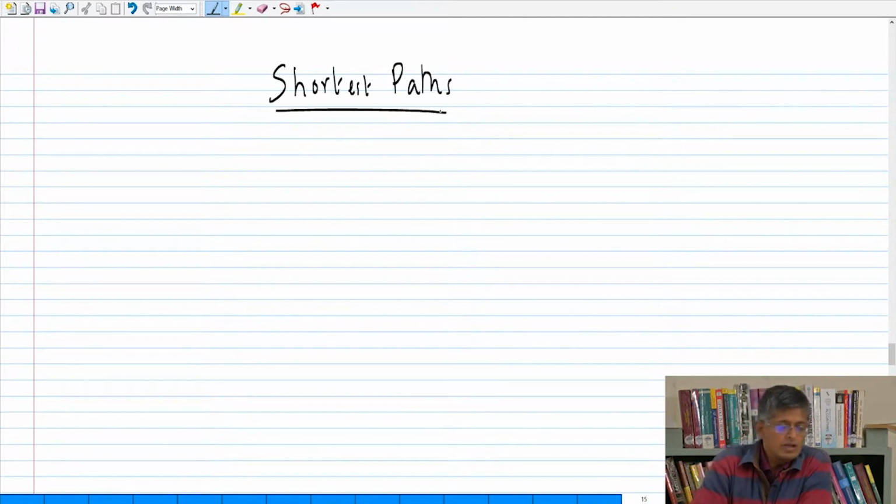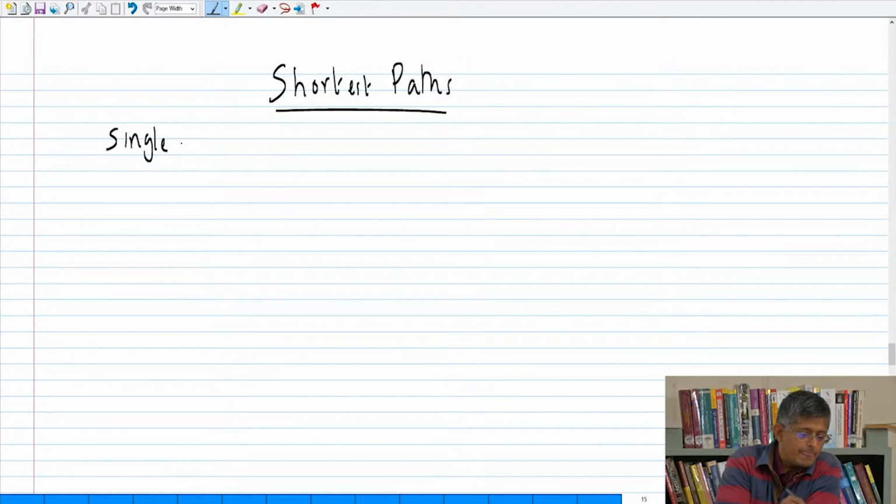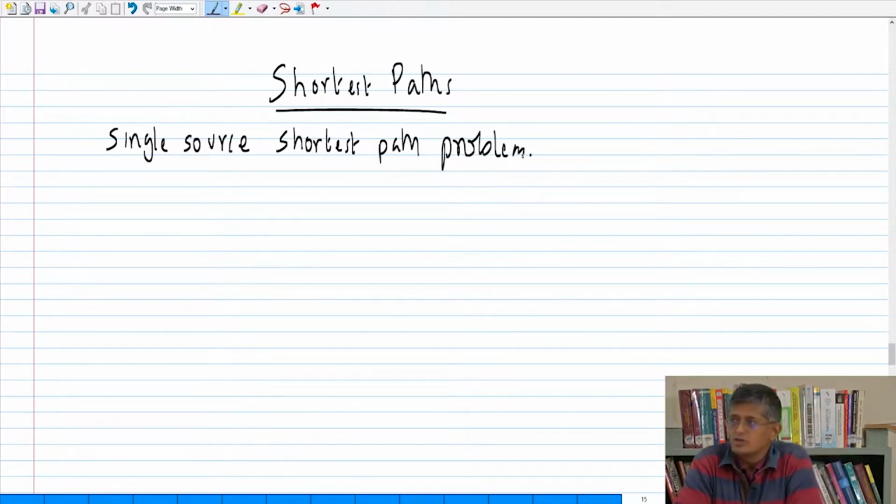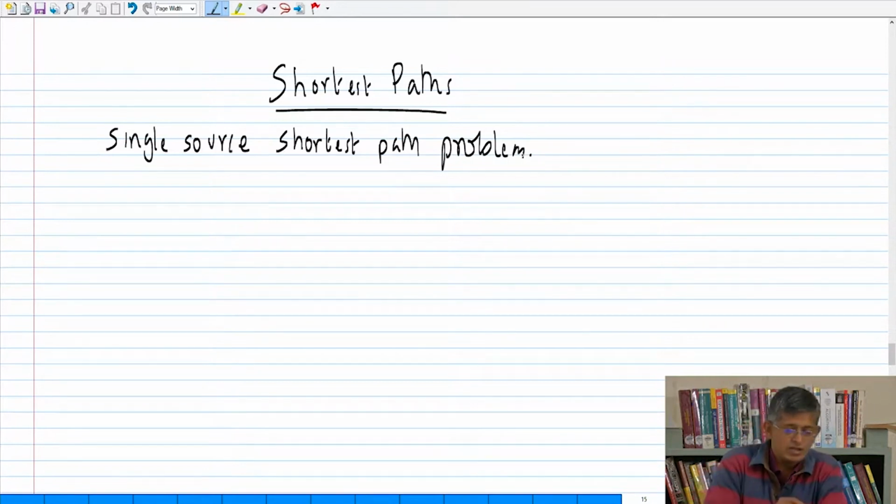In particular, we'll talk about this very famous single source shortest path problem. Okay. So it's quite possible that many of you know this problem and the associated algorithm, but I will definitely present something which is novel to you, right? So that it will increase your understanding of the topic.